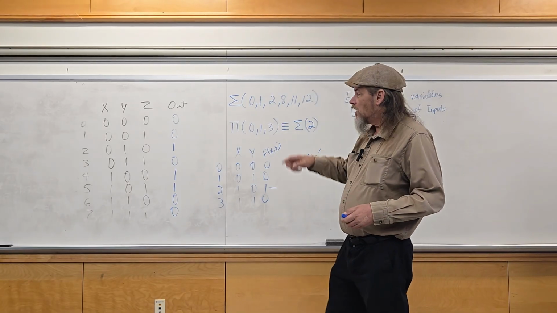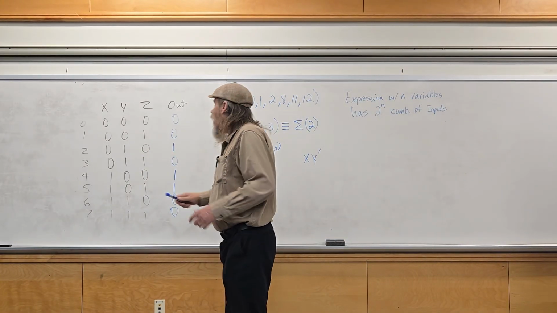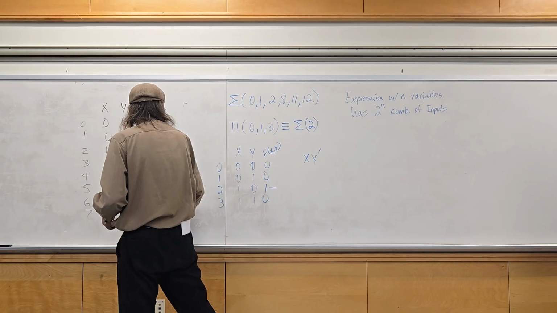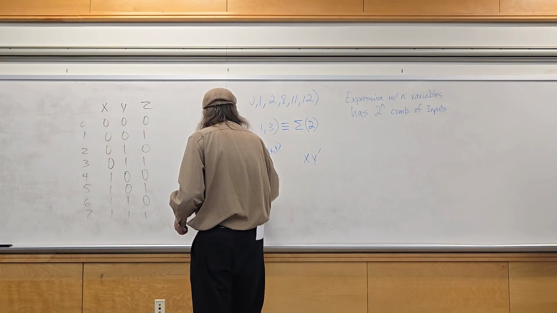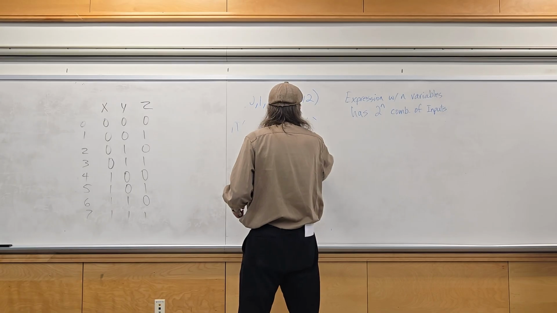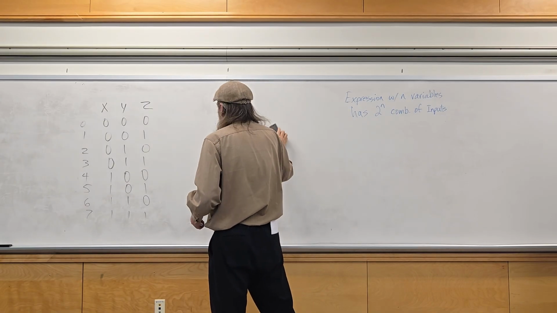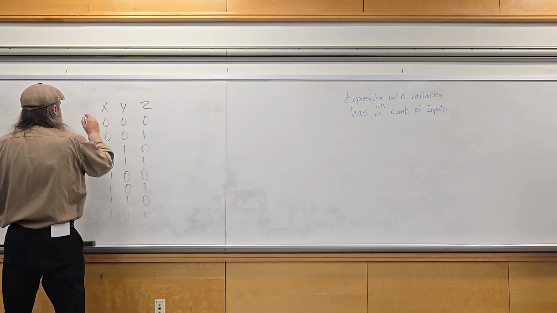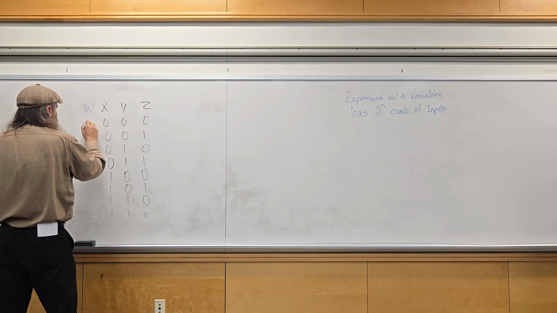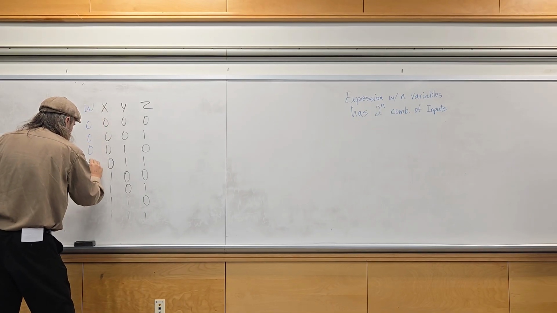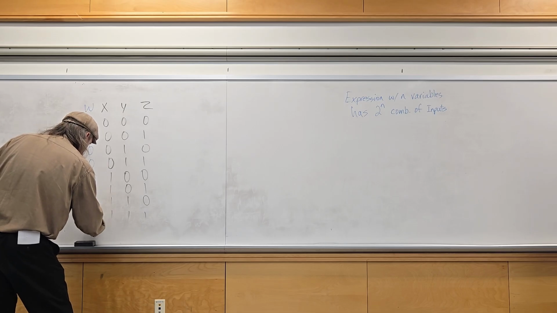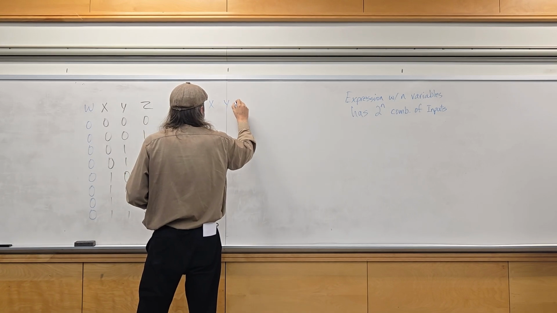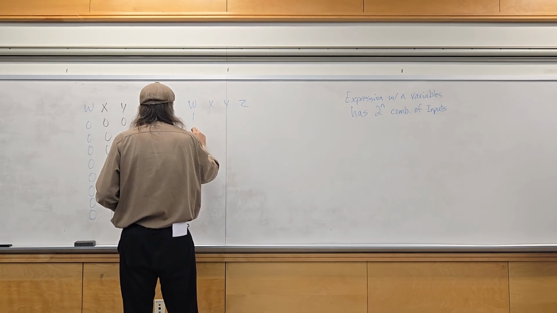Oh, doing this section. Oh, okay. Well, let's just go ahead and I'll erase this because we're gonna need the room. And add a 4th variable, W. This would be all zeros. And then this would be all ones.